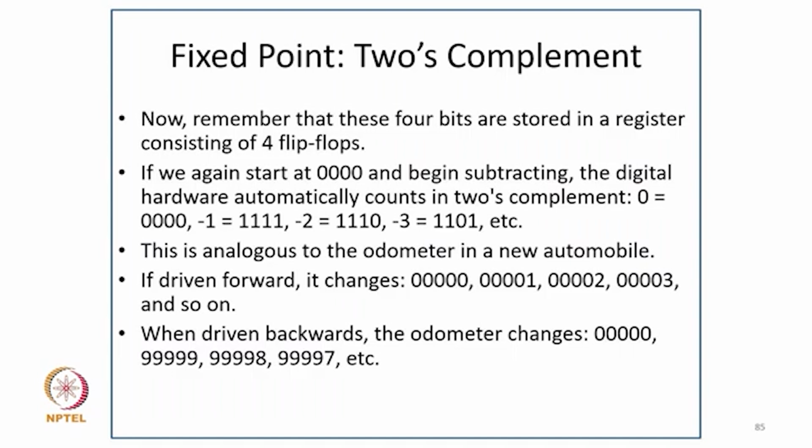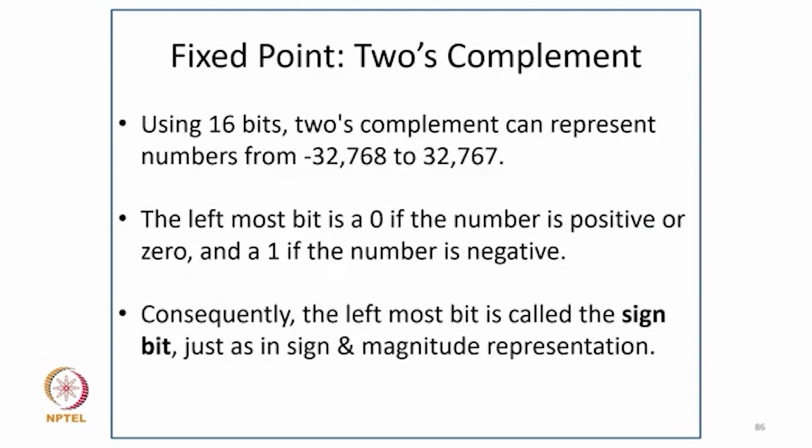If driven forward, it changes from 00 to 001, then 002, 003 and so on. When driven backwards, the odometer changes to 000, then 999, then 998 and then 997, etc.